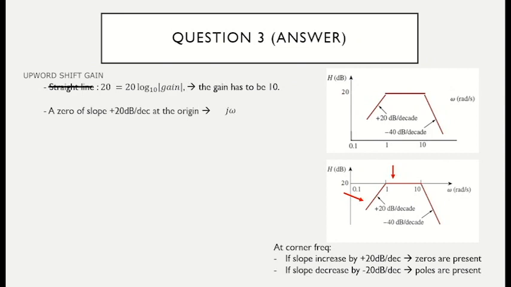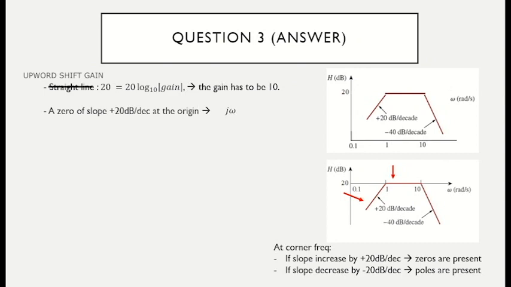And if the slope decreases by minus 20 dB per decade, you know that there are poles present in the transfer function. Okay, now corner frequency is just a point where the slope changes. In this case, we have a corner frequency at 1 radian per second and 10 radian per second because that is the point where the slope changes.